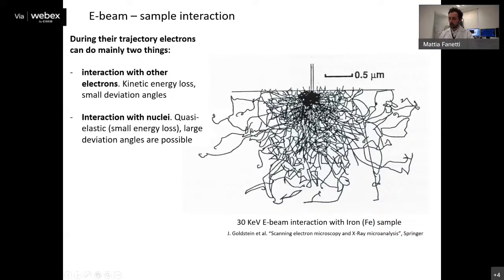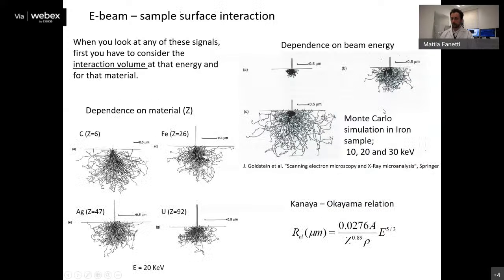How big is this region where the trajectories of the electrons are included? This depends on the beam energy and on the material. This is also called the interaction volume. This is a very important concept that you have to understand if you want to understand how to read the SEM data.